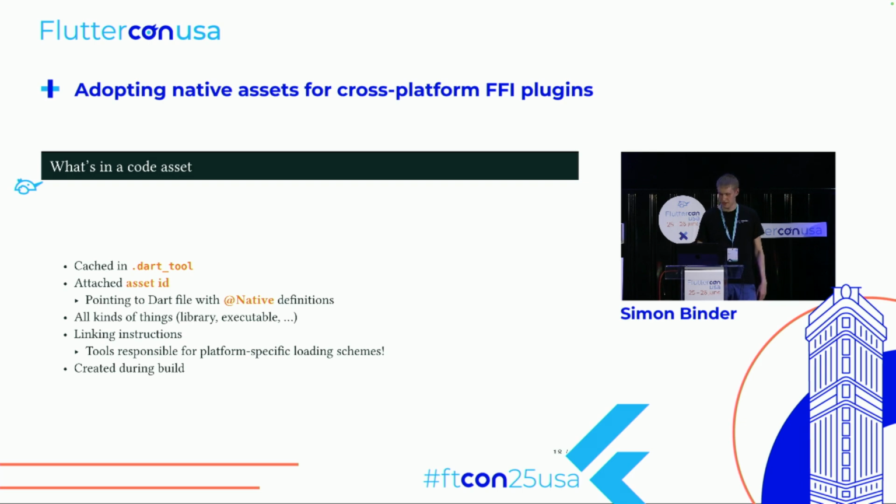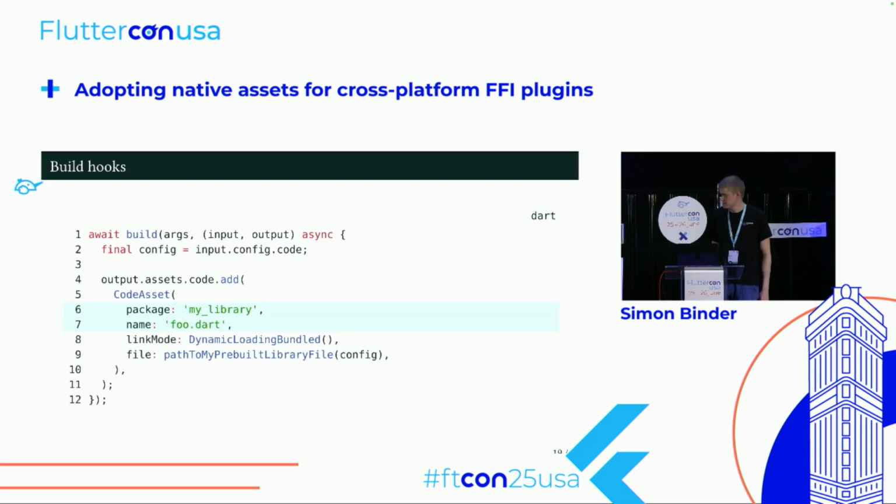So I think perhaps the simplest approach is I might have some precompiled native libraries that I'm just shipping with my package, right? Like I'm just putting them in some assets folder, and I want all my apps that depend on them to just be able to use them. And that is extremely easy to do. So in my build method, that is part of the build hook here, I essentially just write output.assets, and then it's going to be a code asset, so I write .code, and then I just add the asset.